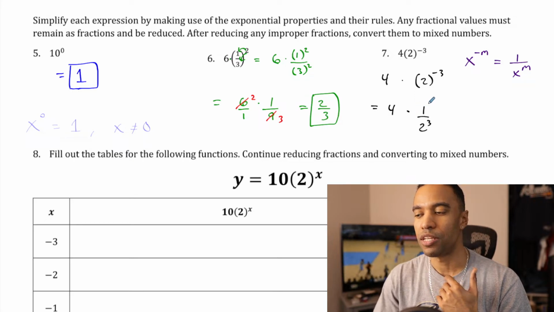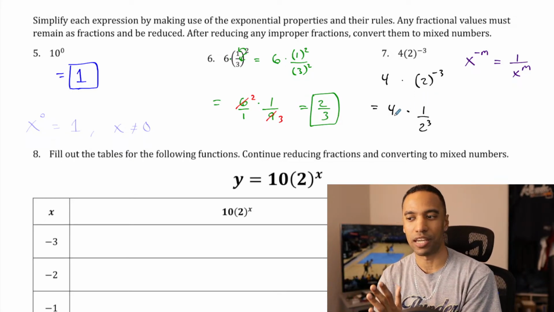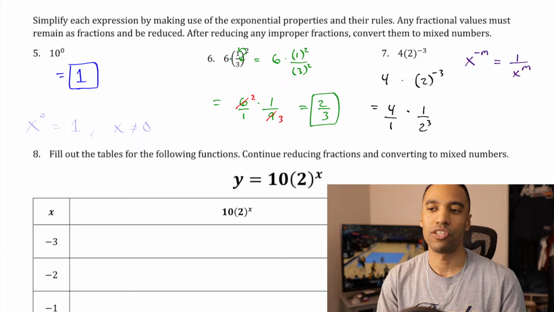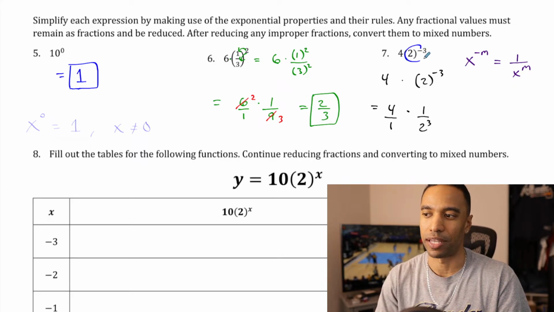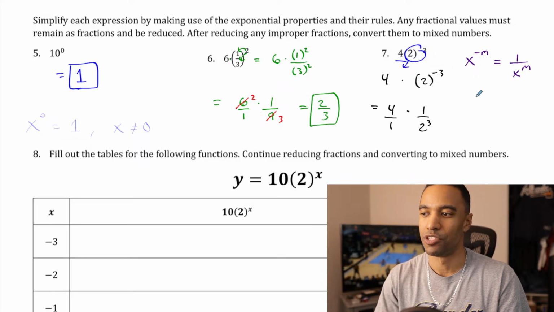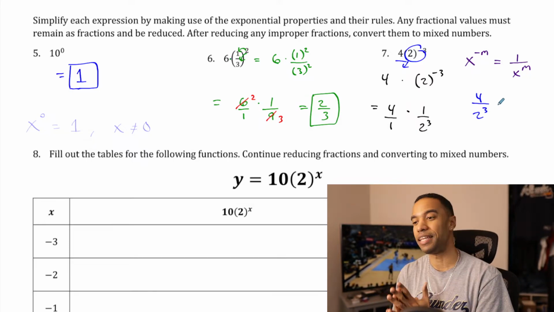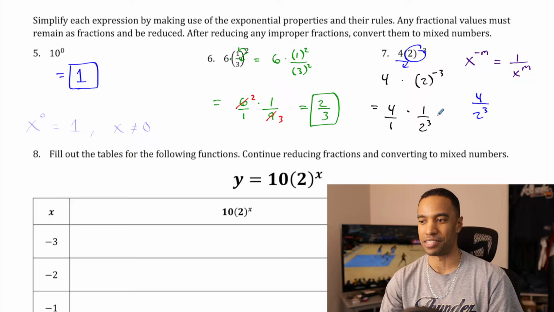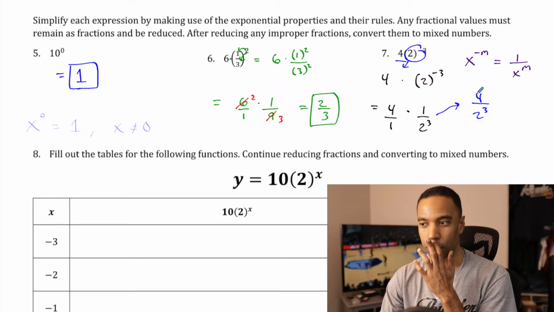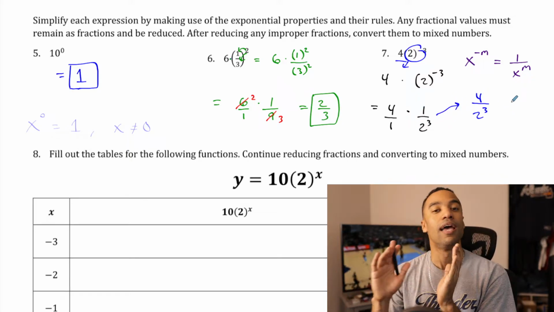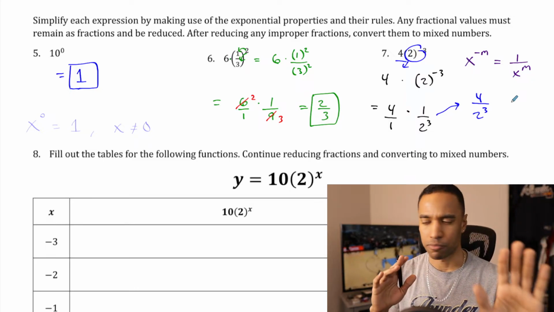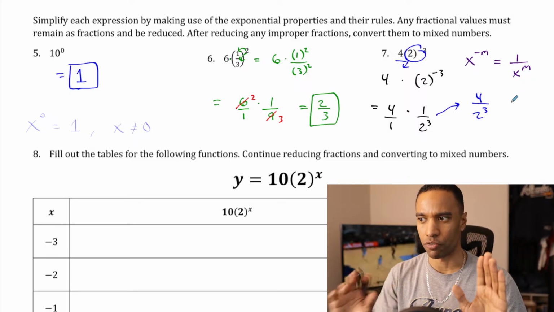Now, I generally don't write it this way as a multiplication, so it's over 1. What I do is, even though there's not a fraction, I would kind of bring it down. So it'd become 4 over 2 cubed. It's neither here nor there, but ultimately this is what it turns into, right? 4 times 1 is 4, 1 times 2 cubed is 2 cubed. I keep saying 2/3. I'm sorry, 2 cubed.